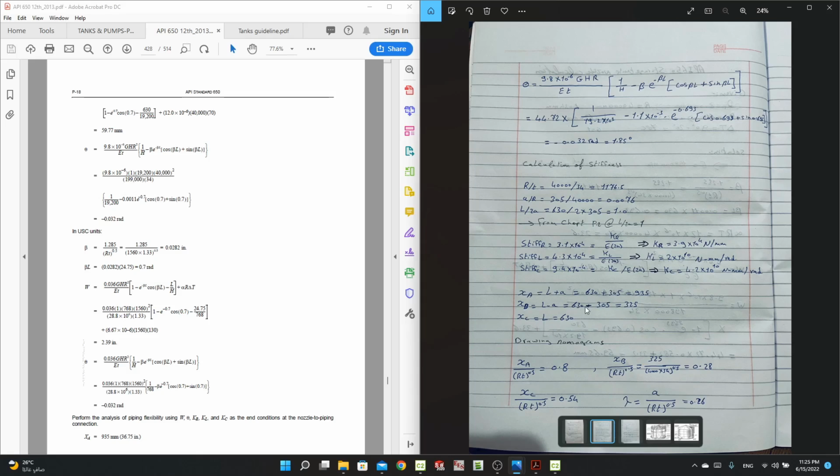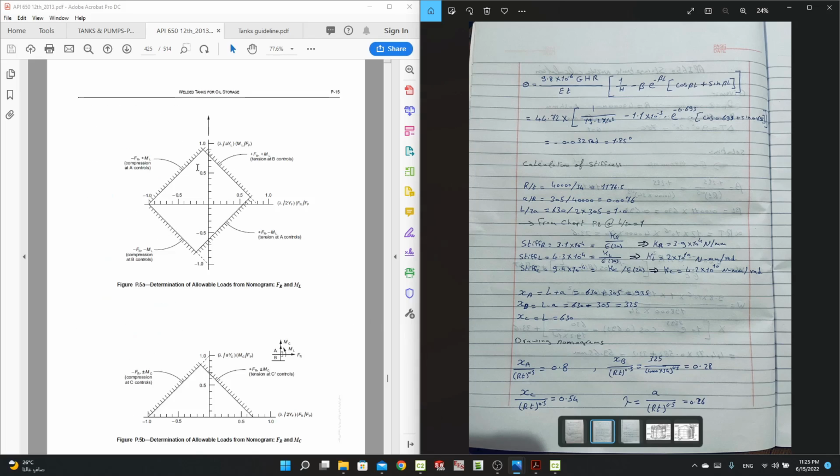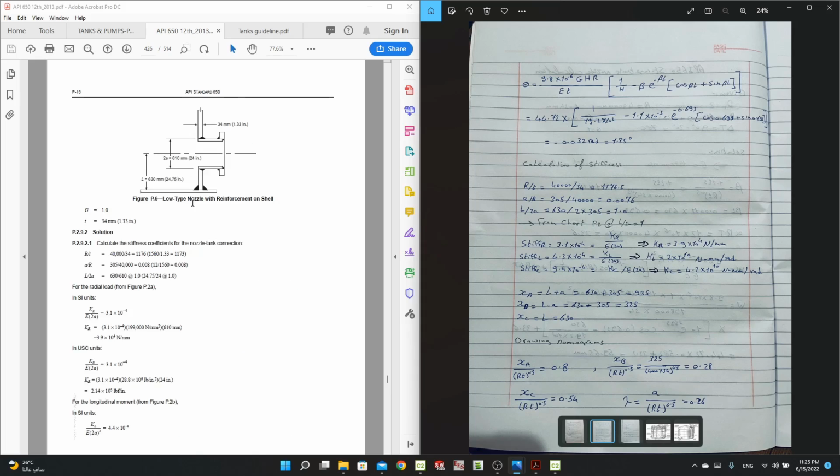To start drawing the nomograms that he's mentioning here, which is this one, and we are using this to show the limitations of our nozzle. Our allowables should be located somewhere here inside this rectangle.